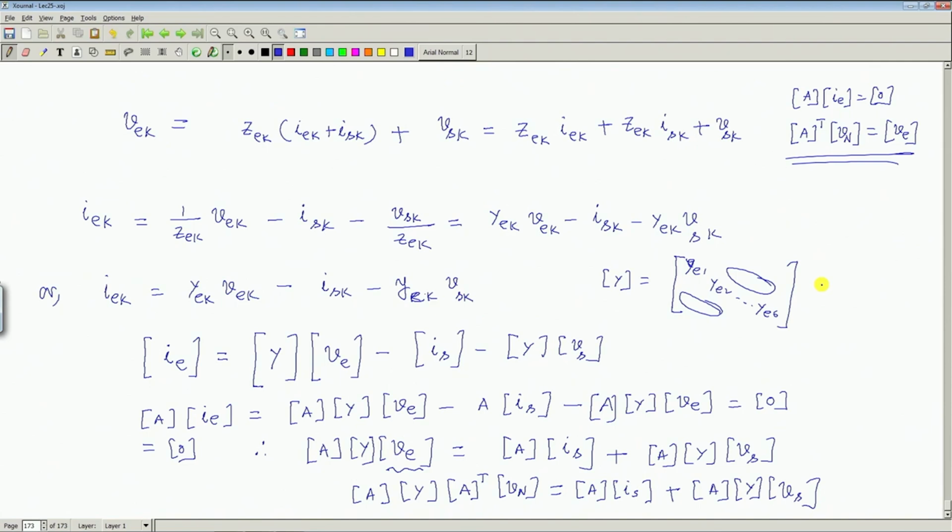Then this whole thing will be a square matrix, and it is like the loop impedance matrix earlier; here it is called the node admittance matrix.